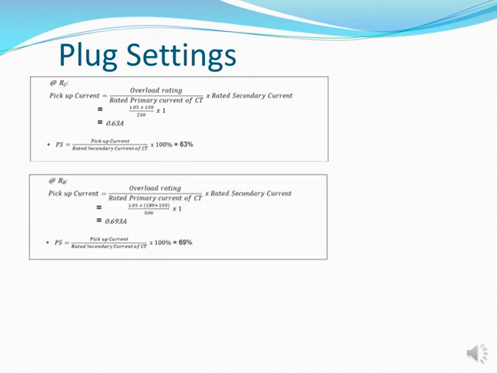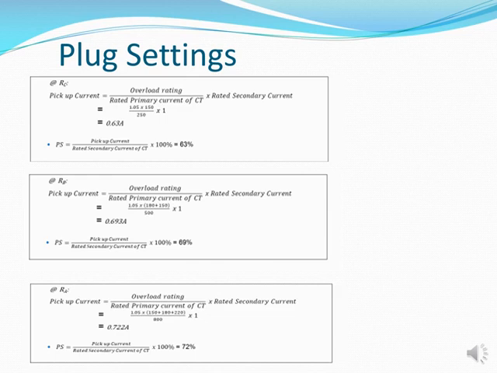I do the same thing for my RB, but I want you to just notice what my load now is. My load at RB is looking at the load in front of it, which is the load at C and the load at D. So hence I'm adding the 180 at C to the 150 that was at D. I get my pickup current, and I utilize that to calculate what my plug setting is going to be.